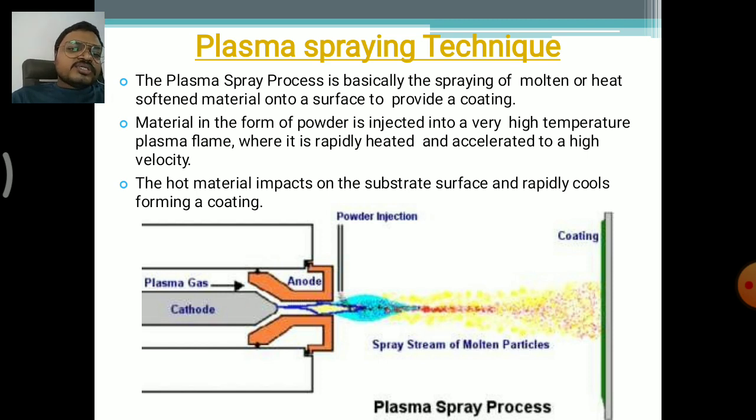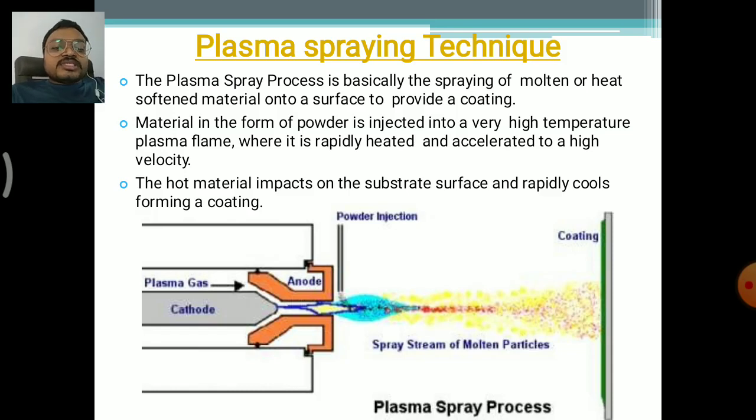So here we are using the two poles, that is the cathode as well as anode. So anode is in the starting region of the injector, and the cathode is where the plasma gas is flowing through the anode. So that is in the starting of the nozzle, and the powder injection is done in the vertical side of the anode, that is in the topmost side, and the powder injection is done through the blue flame.